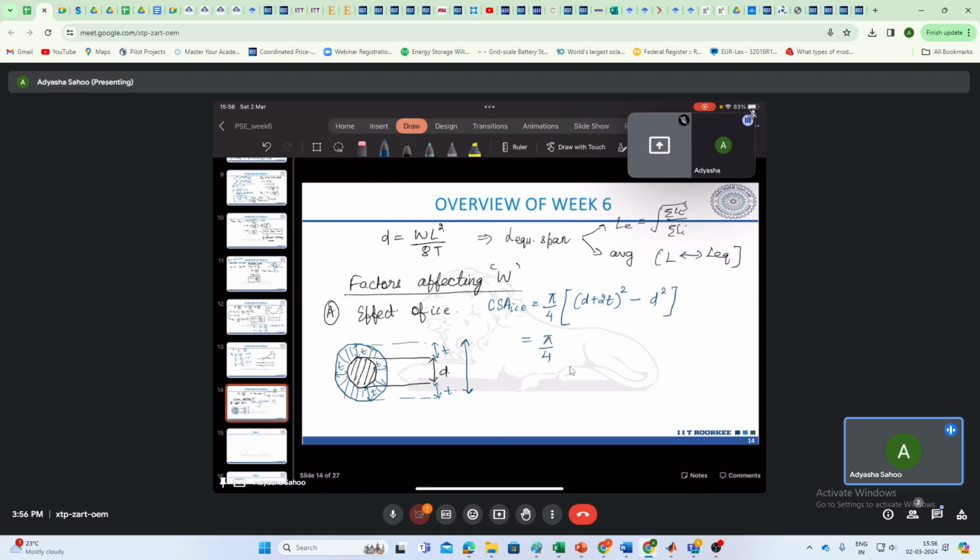If we solve this, we'll get 4t square plus 4dt. D square is gone, so pi times t, t also common, pi times t times (t plus d). So this is your increase in cross-sectional area due to ice.